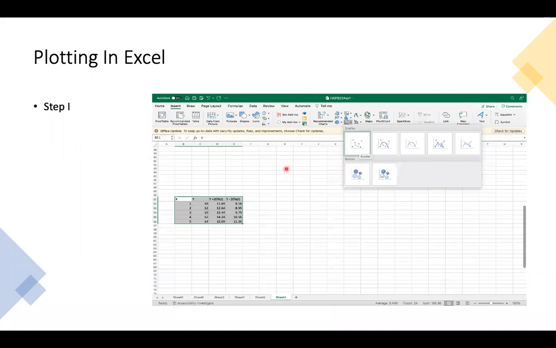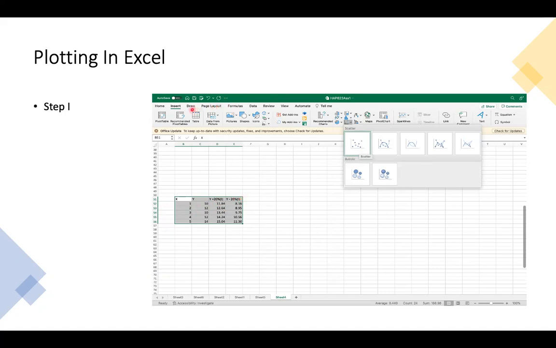Then plotting the chart in Excel, you have to combine the three tables: table 1's x and y values, then the y predicted value from the increase by 20%, and the y predicted value from a decrease by 20%, respectively, for the intercept.